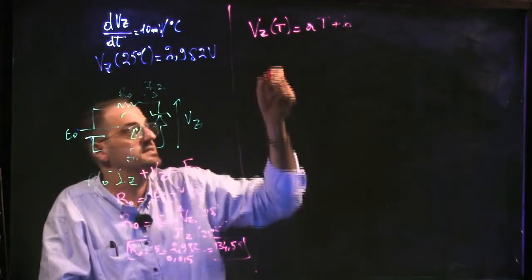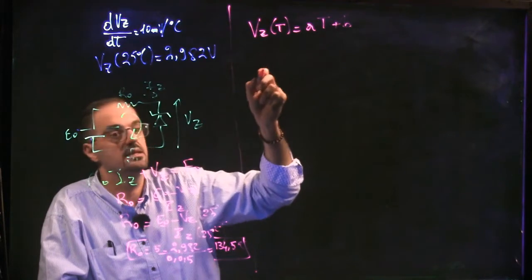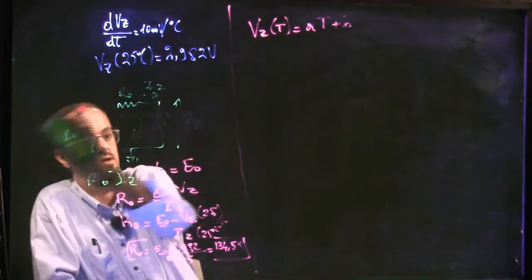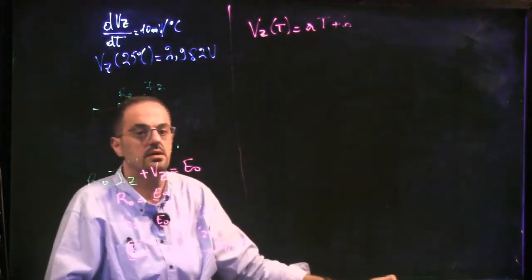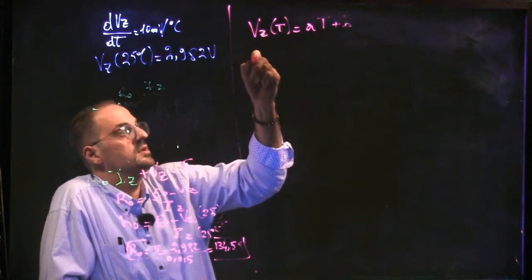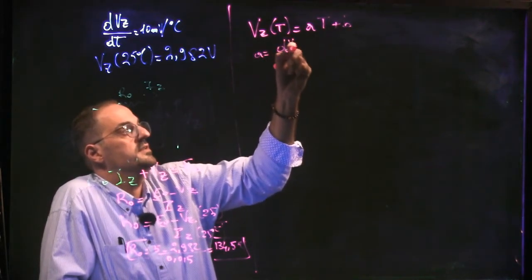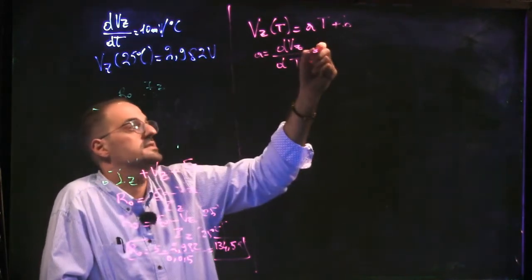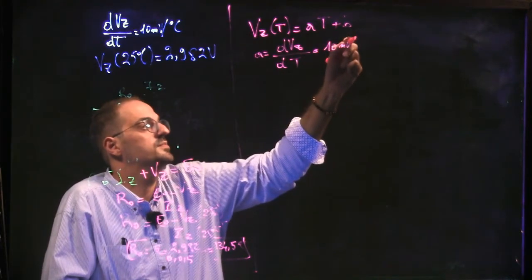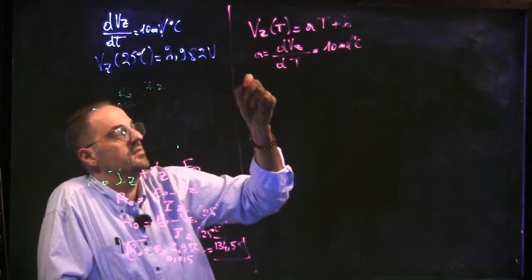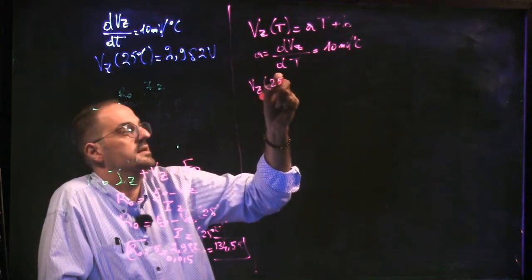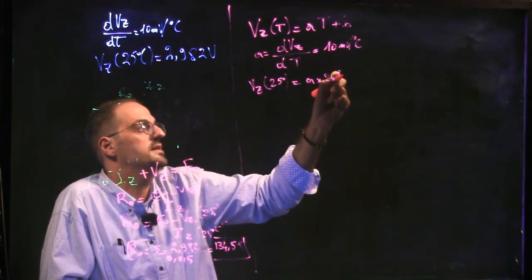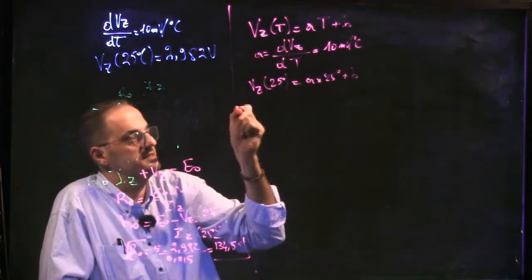This one is pretty easy, since the sensibility would be directly equal to, I'm gonna erase the circuit so you see my face while I talk, so Vz of T, A, is equal to the derivative of Vz towards temperature, which is equal directly to the sensitivity, which is 10 millivolts per degree C. And then if we apply Vz, the real expression at 25 degrees is equal to A times 25 degrees plus B, since T is expressed in Celsius.